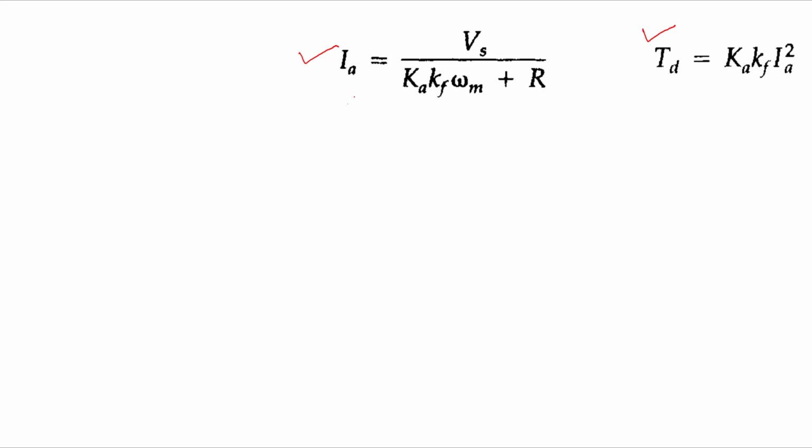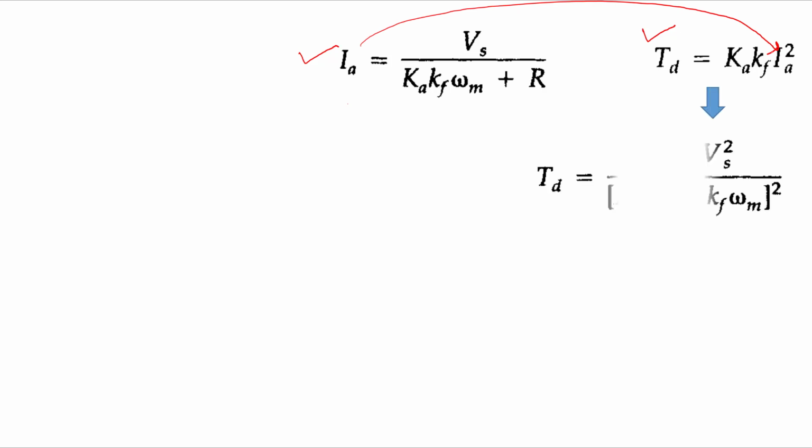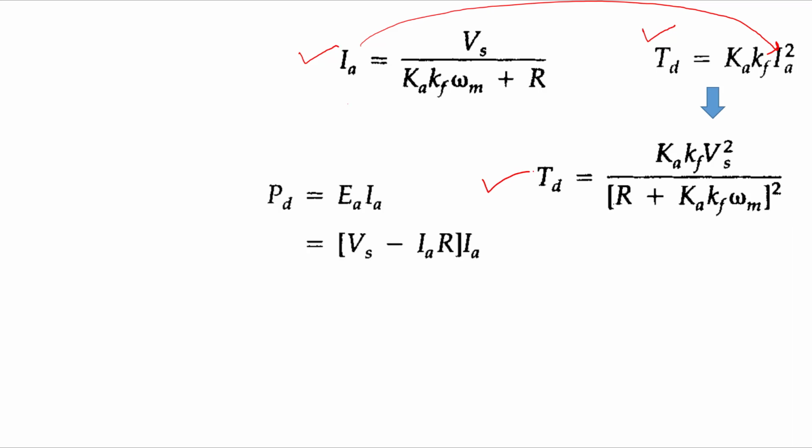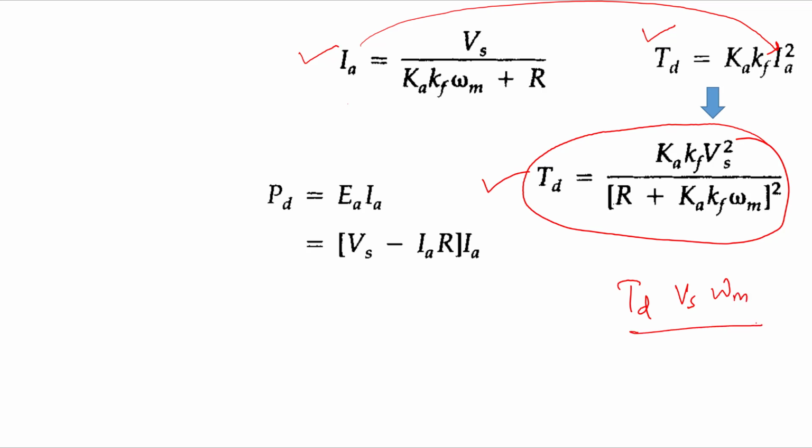If I substitute this in this equation, I get K Kf Va square by (R plus K Kf omega m) whole square. So this is your TD. Now from this equation I can draw TD versus omega m, the characteristic.